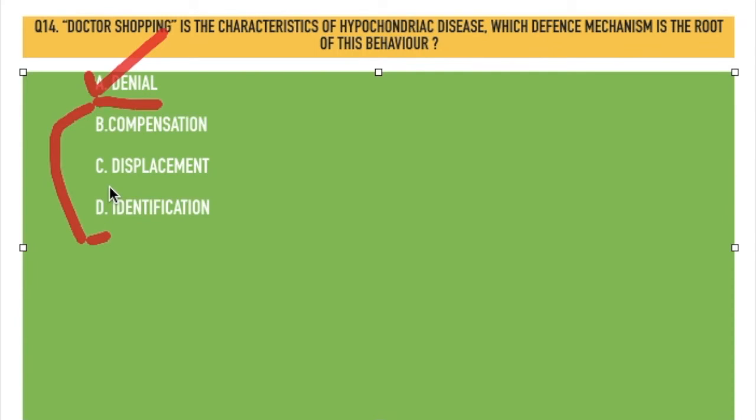And next one is identification. Identification is adopting the behavior or character of others. So that's these four defense mechanisms, and in this question the answer is denial.